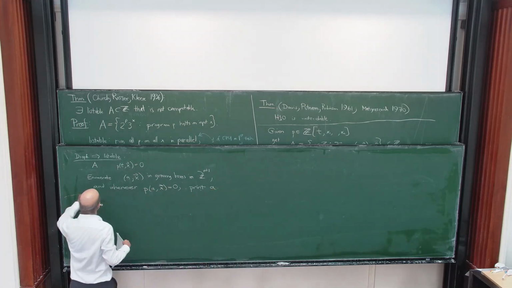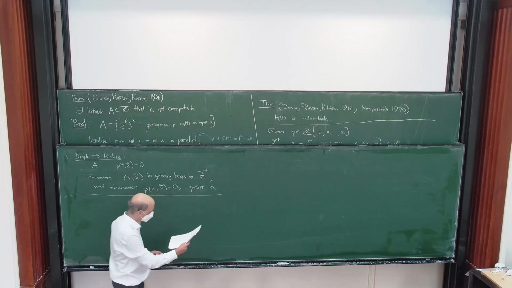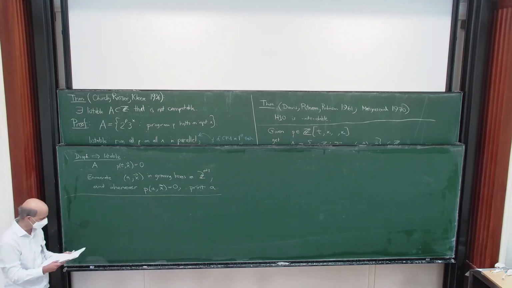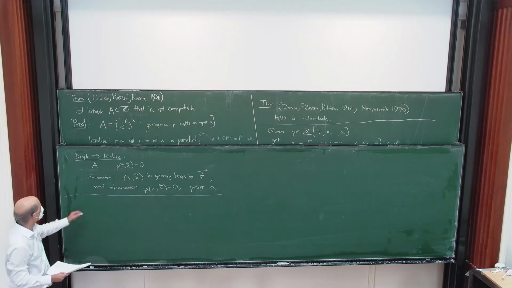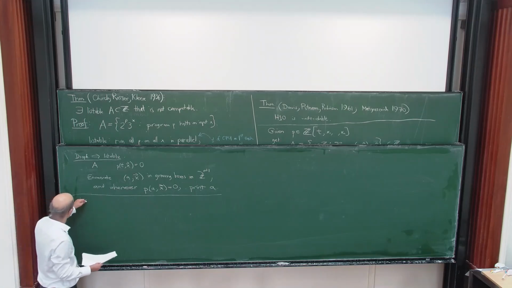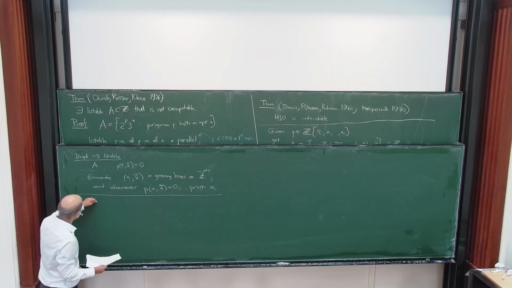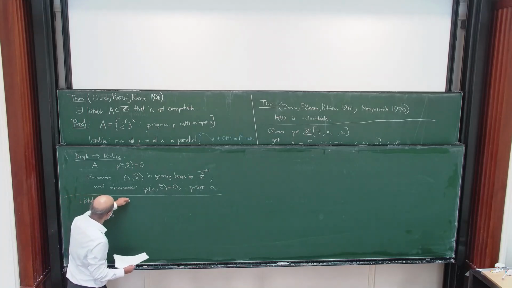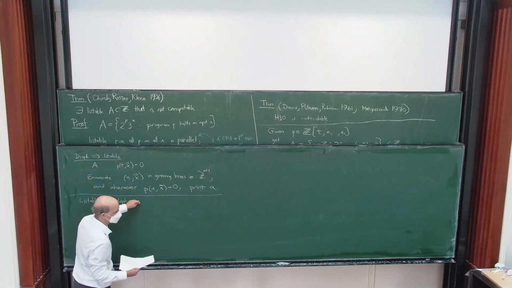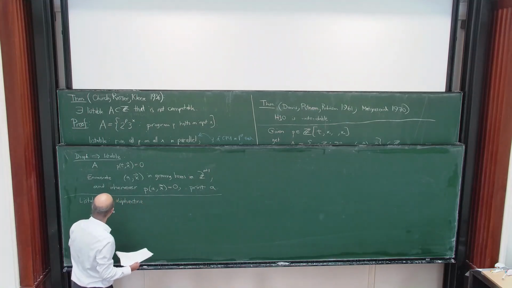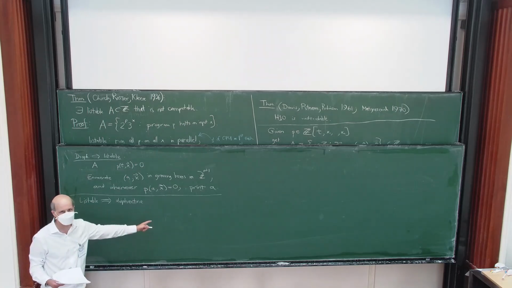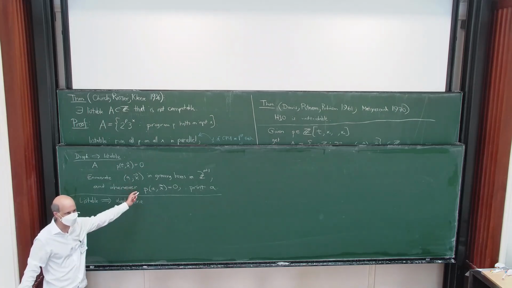Okay, so now I only have to do one more direction: listable implies Diophantine. If you think about what this is saying, you realize pretty quickly this is going to be a hard thing to do, because there are a lot of listable sets, like anything that a computer program can output, like the set of prime numbers, for example.